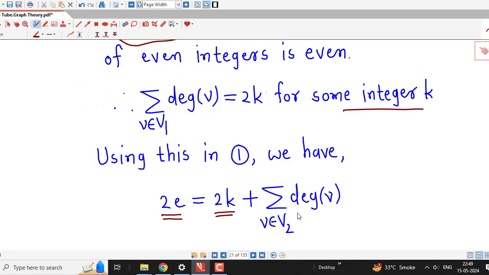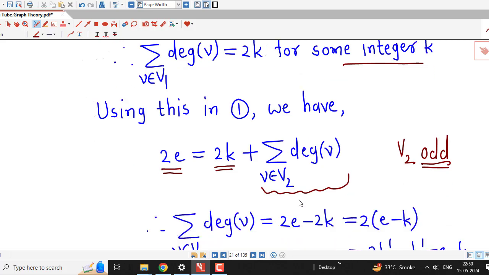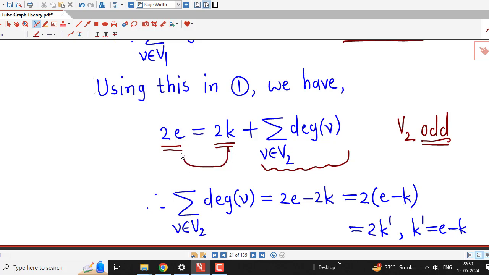Now V2 is the set of vertices of odd degree. So here we have the sum of odd numbers, and that turns out to be 2e minus 2k, that is 2 times e minus k, and if we denote e minus k by some other integer k dash, then we can see that sigma degree of V, where V belongs to V2, is an even number.